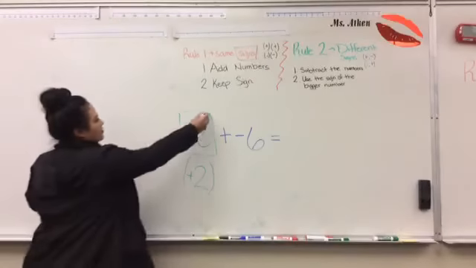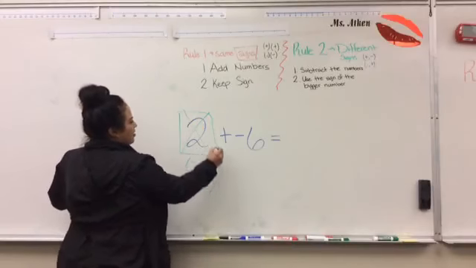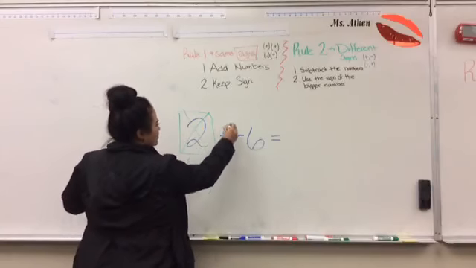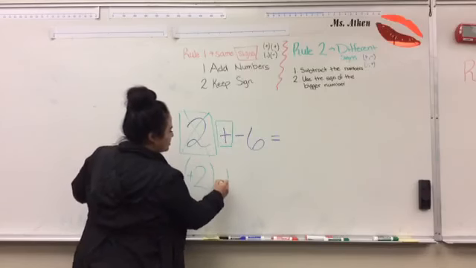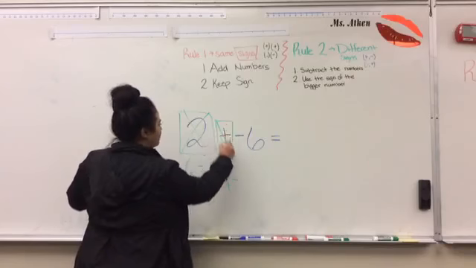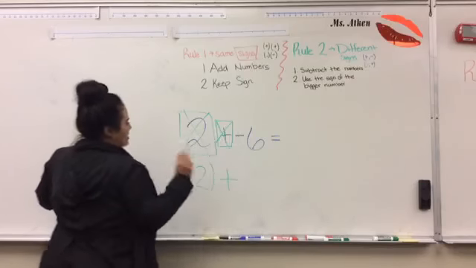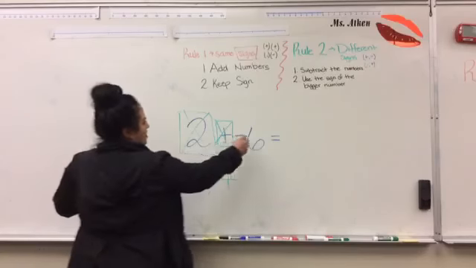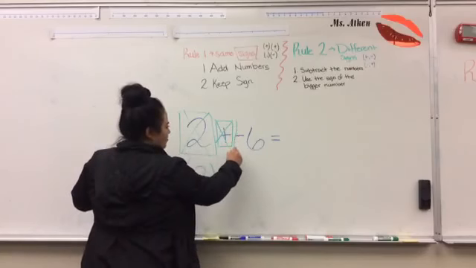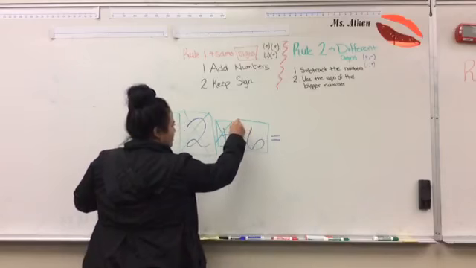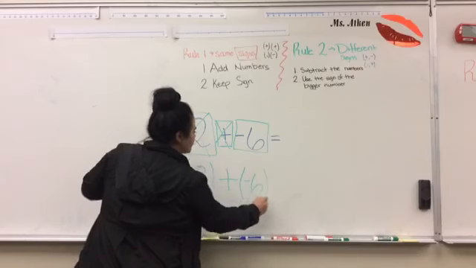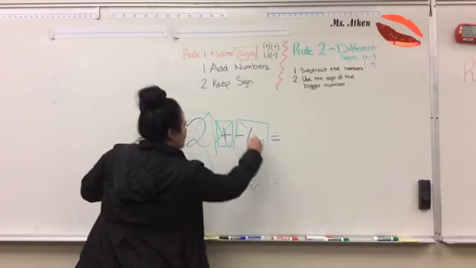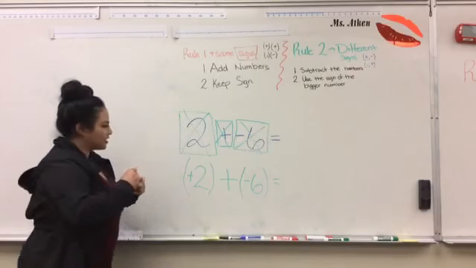Okay, I'm done with the 2. Now, the next thing is a plus, but there's no number next to it, so all I'm going to do is pull down the plus. Now, this is a negative sign, and right next to it is a 6, so I know this is a negative 6, and I'll put parentheses. And I'm done. Now I have a problem that I can work with.